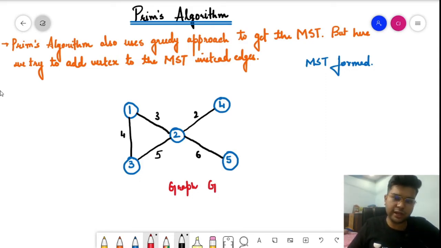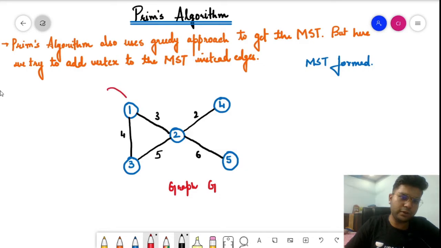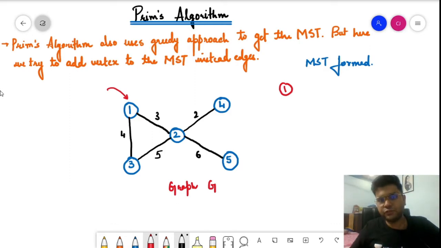Let us try to understand this with the help of an example, and then we'll formulate the steps for how we can form the algorithm. Here we'll take one of the vertices and start from that vertex. Let us assume that we take this vertex 1, and we try to form the MST from here.